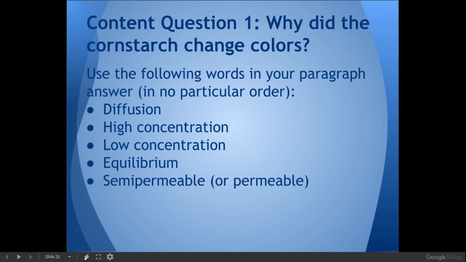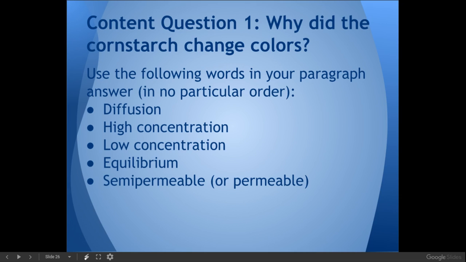Well, there was none outside the bag, so that's the lowest concentration. And initially, there was a very low concentration of iodine in the bag. None. But over a period of time, the iodine diffused into the bag until it reached an equilibrium because it was semi-permeable to iodine. The membrane in the bag was semi-permeable to iodine, but it was impermeable to starch.